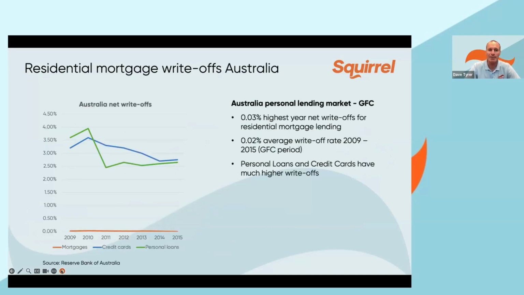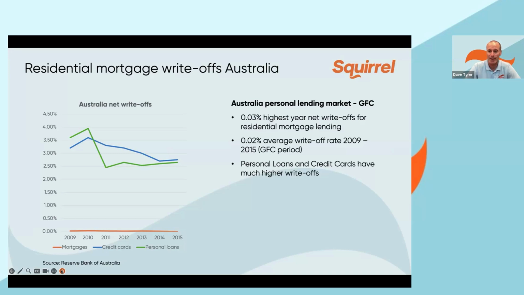But closer to home now, so what happened in Australia during the GFC? If we start with the graph on the left, you can see mortgages right down at the bottom. So the maximum 1 year write-off that we saw on mortgages was 0.03% in 2010.